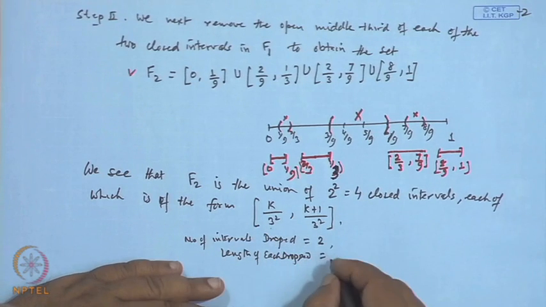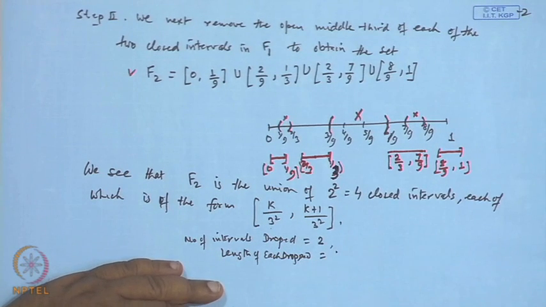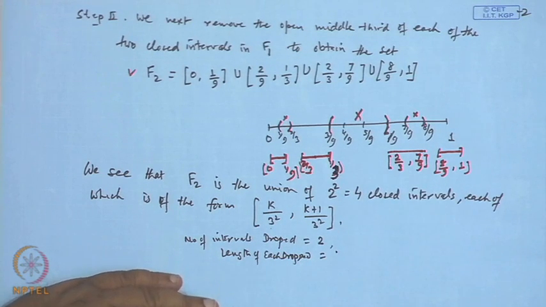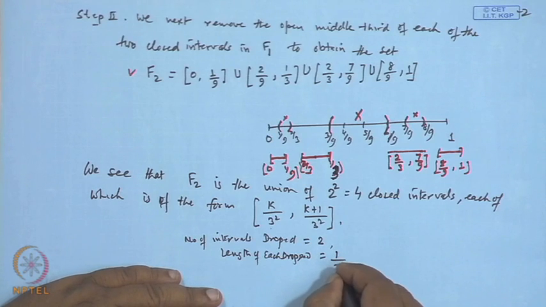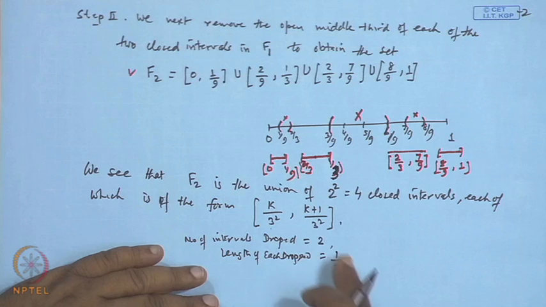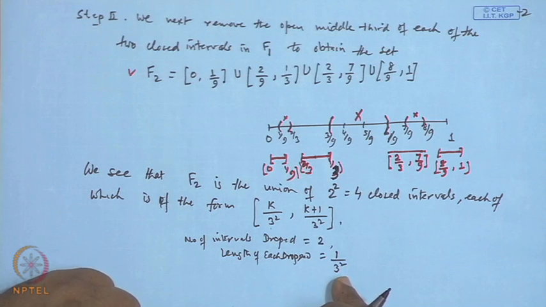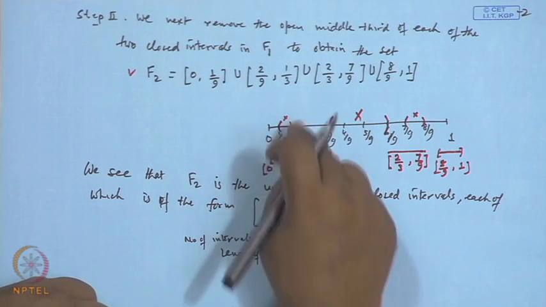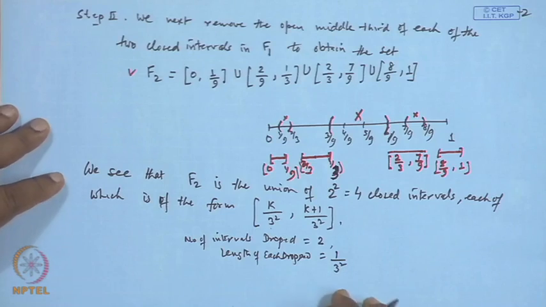So, each one will be of length 1 by 3 square. So, that is the first interval, 2 intervals, each of length 1 by 3 square, 9 length we are dropping for this. Okay, like this.